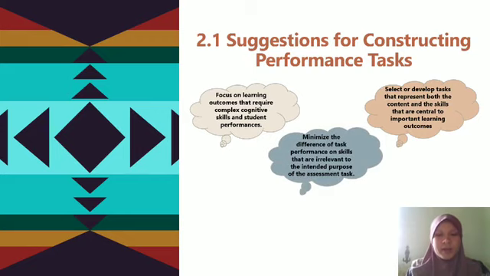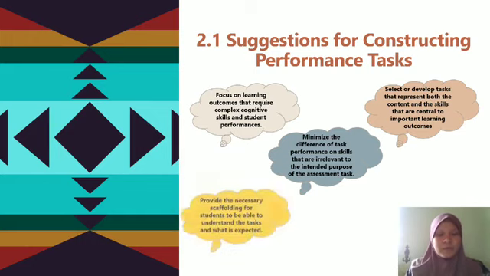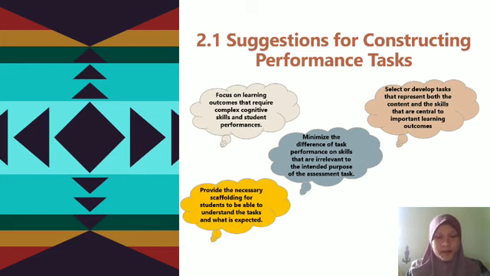So third, minimize the influence of task performance on skills that are irrelevant to the intended purpose of the task. So the key here is to focus the attention of the assessment. Fourth, provide the necessary scaffolding for students to be able to understand the task and what is expected.